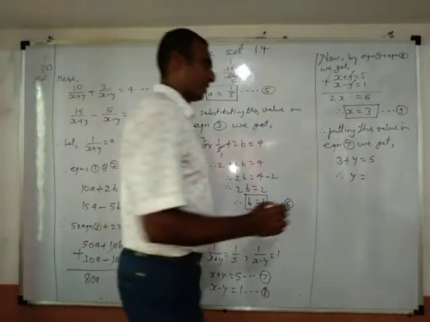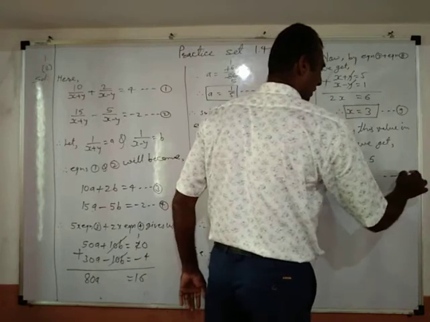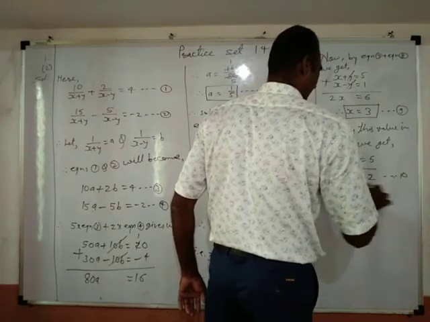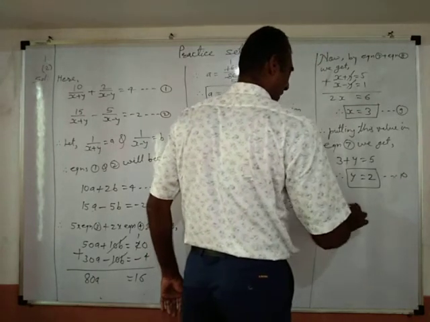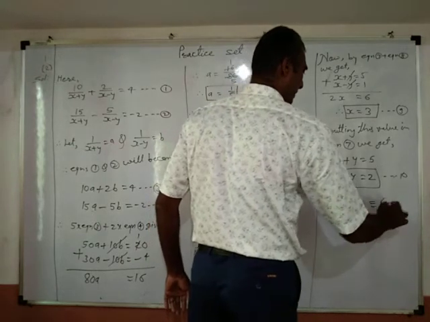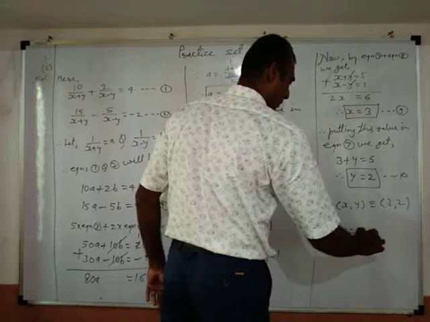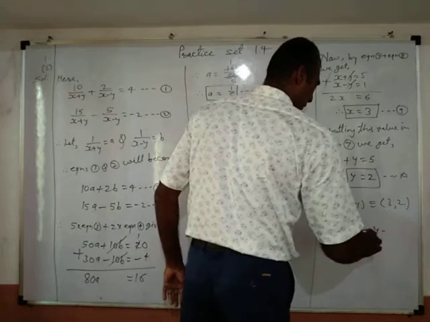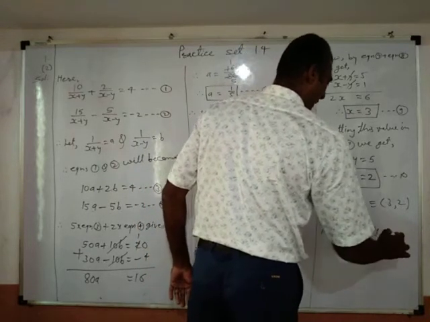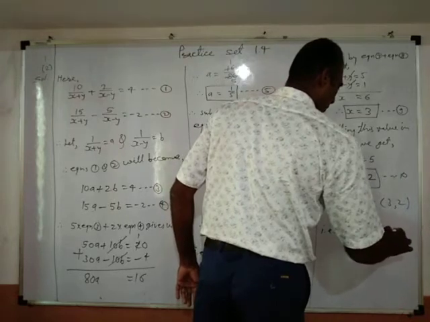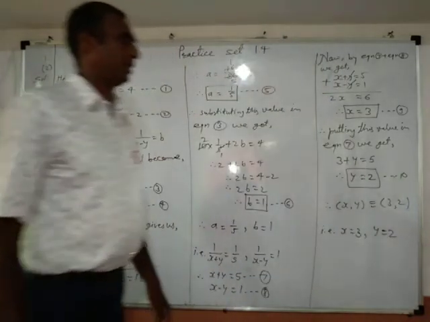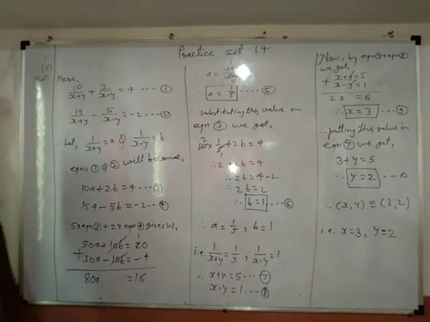And 5 minus 3 is nothing but 2. Equation 10. And therefore x comma y is 3 comma 2. That is, x equals 3 and y equals 2. This is the solution for the given simultaneous equations.